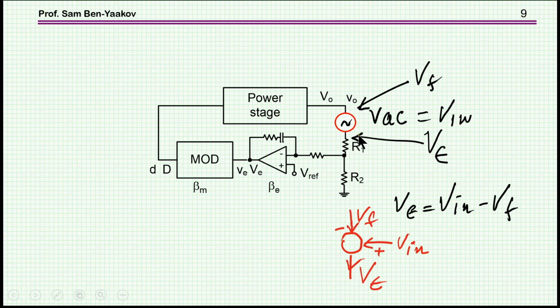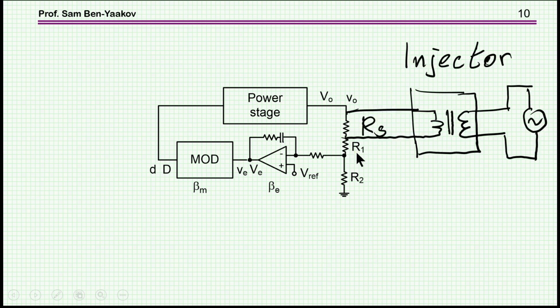So this is basically a summing point. So the loop gain will be the voltage here divided by the voltage here, because the voltage here is the input to the chain, and then it comes out as V out. Therefore this signal is what we are looking for, obviously, in amplitude and phase.